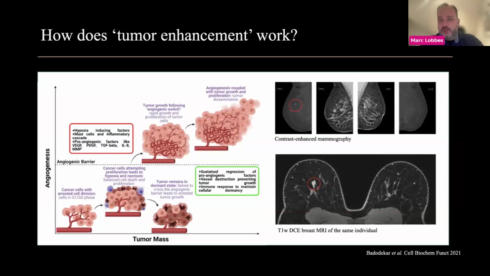Now, why do tumors enhance on contrast-enhanced mammography? That's actually not very specific for contrast-enhanced mammography, but we use it in a lot of oncologic imaging and in a lot of different modalities like CT or MRI. The reason behind it is that when tumors are very small, they get their nutrients from direct diffusion of the direct environment. When they grow, they lack the nutrients and they become hypoxic.